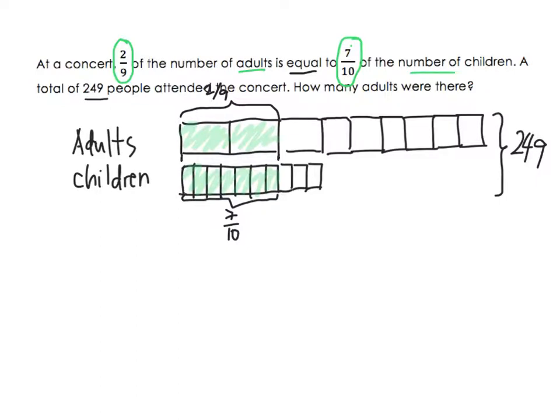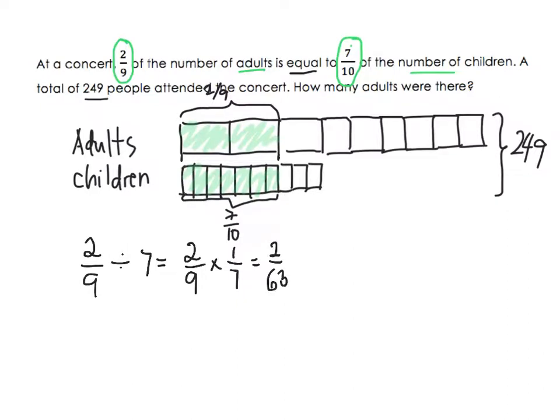So that means we can actually divide 2/9 into 7 parts to somehow make sense of how big each part is. And 2/9 divided by 7 is the same as getting the reciprocal and multiplying, and that is 2/63.